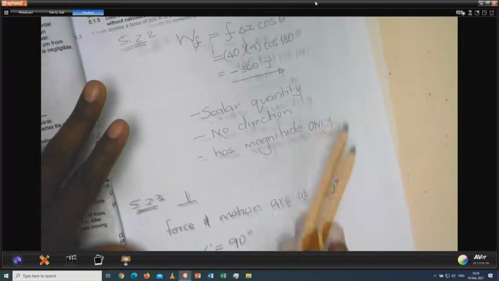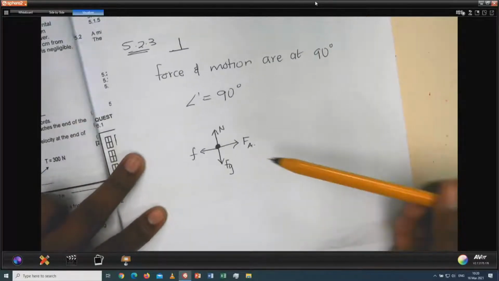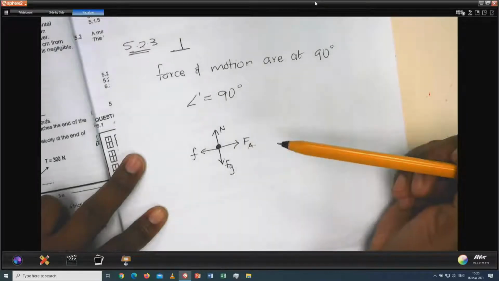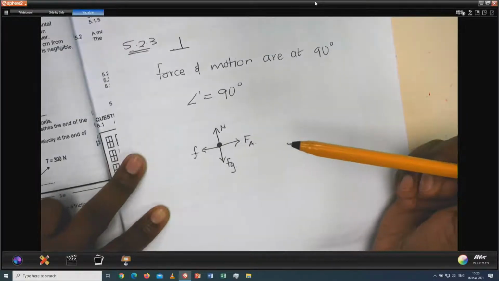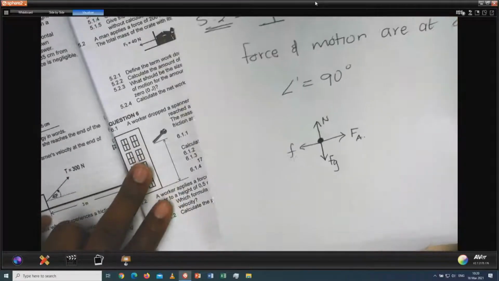This implies that the normal force and the gravitational force are doing 0 work on the object. So the two other forces are the ones that are doing work on the object.